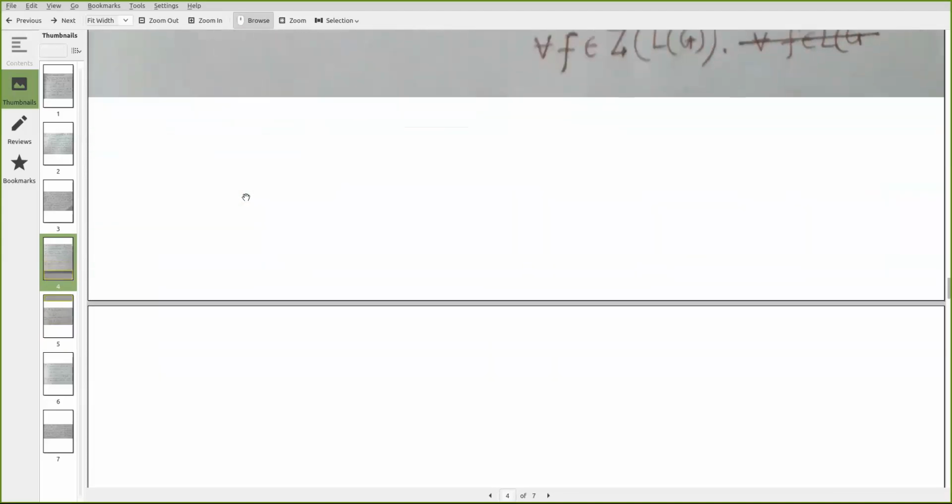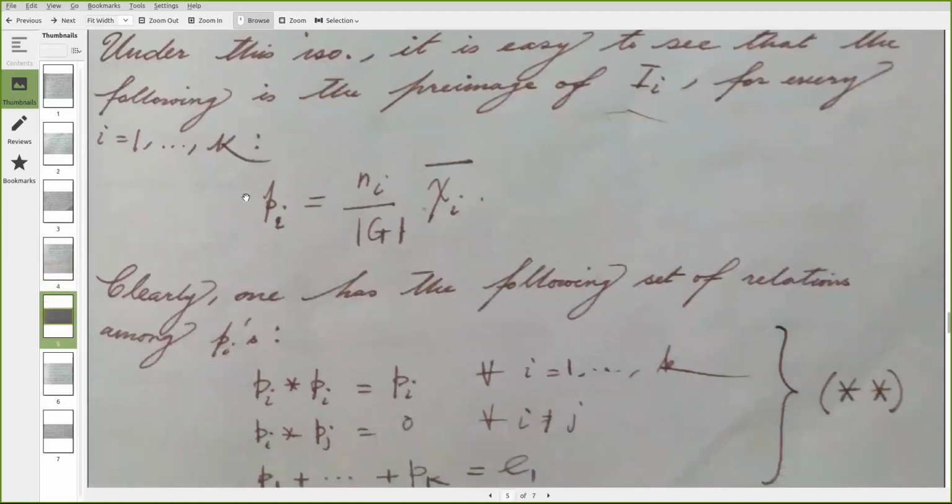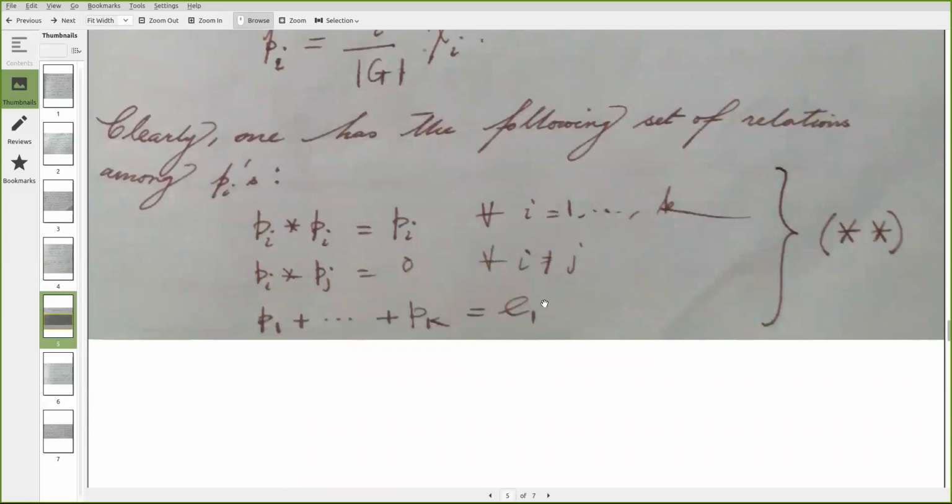What is the identity element in Z(L(G))? Don't confuse this e1 with the standard basis vector e1 in C^k. Here e1 means, according to our usual notation, with 1 the identity element in G, the function that takes the value 1 at the identity point of G and 0 elsewhere.